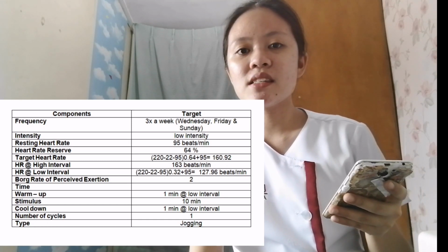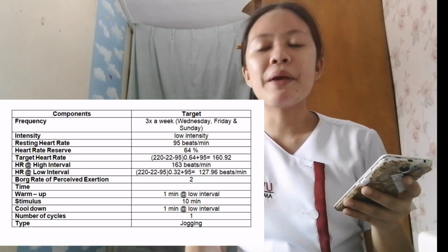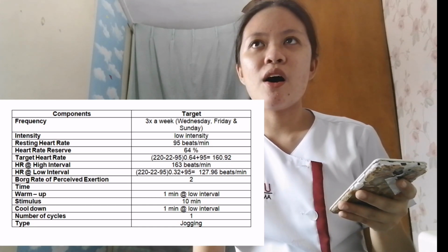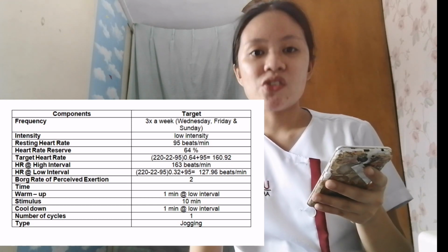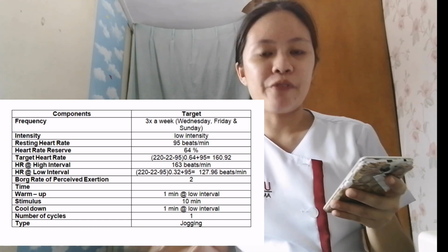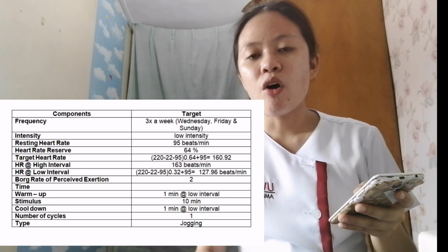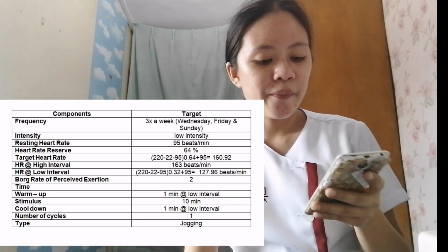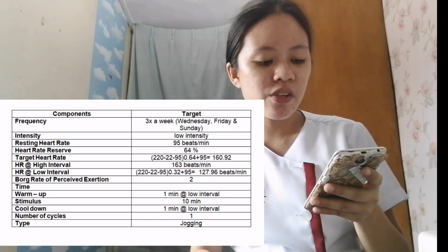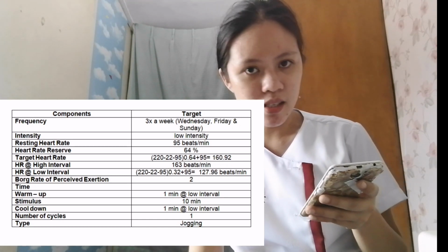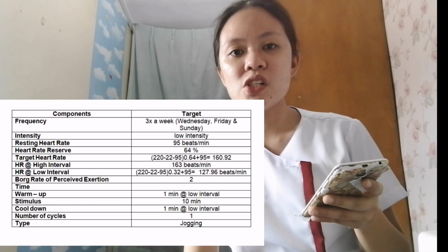Since I consider his condition, I adjusted the time so that my patient would not feel uncomfortable during exercise, depending on his condition. So the stimulus for the muscular exercise is only 10 minutes. The number of cycles is 1, and the type is jogging.